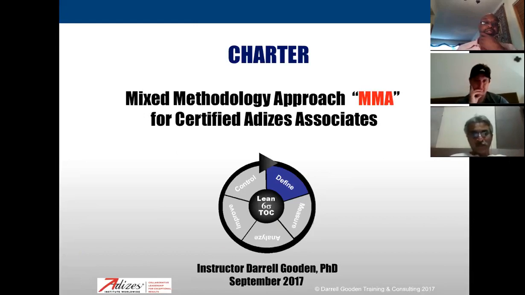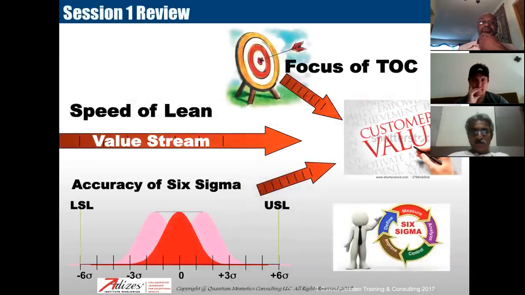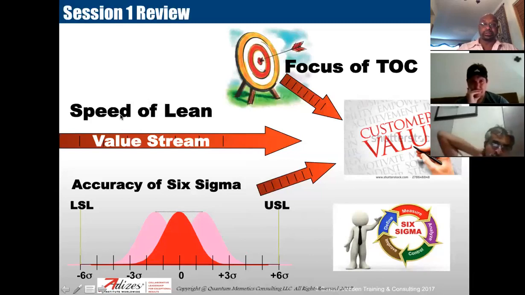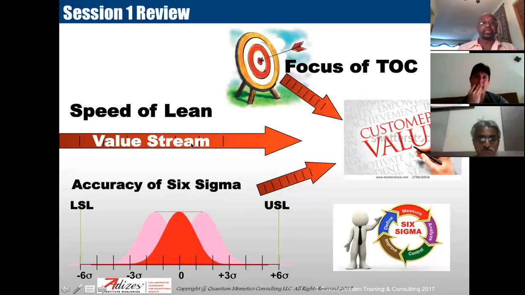So how do you define? But before I do that, last time the big takeaway from that overview, which was a very fast overview, was that a theory of constraints allows us to focus on the particular challenges that we see in a value stream, and the value stream comes from lean. The value stream allows us to see the waste, and we covered the 8 wastes. I may not touch upon that this time, but I will review it before we're done with the 4 sessions.